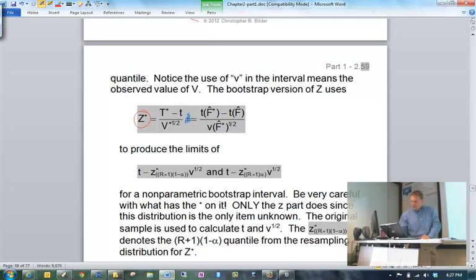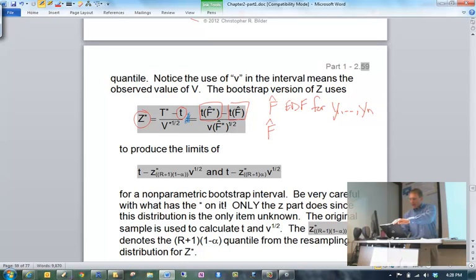In the context of statistical functions then, of course, our original T will be T of F hat. Well, look at this other little notation I'm using here. T star is represented as T of F hat star. What does that mean? Well, F hat is the EDF for Y1 through Yn.